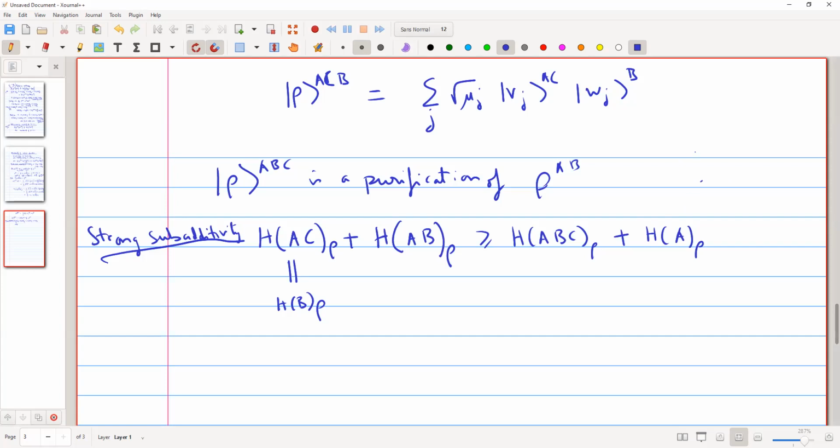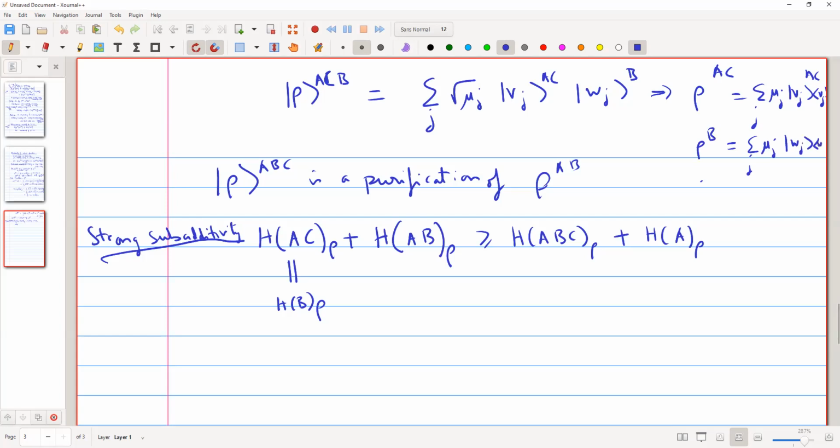So from the Schmidt decomposition, this implies that the reduced density matrix rho AC was summation j mu j and Vj, right? And similarly rho B. Okay. So it has, of course, different eigenvectors. In one case it was Vj, the other case it was Wj, but the eigenvalues were the same.